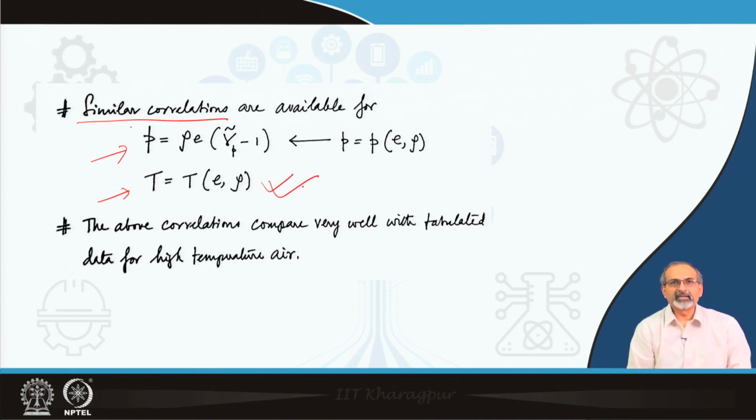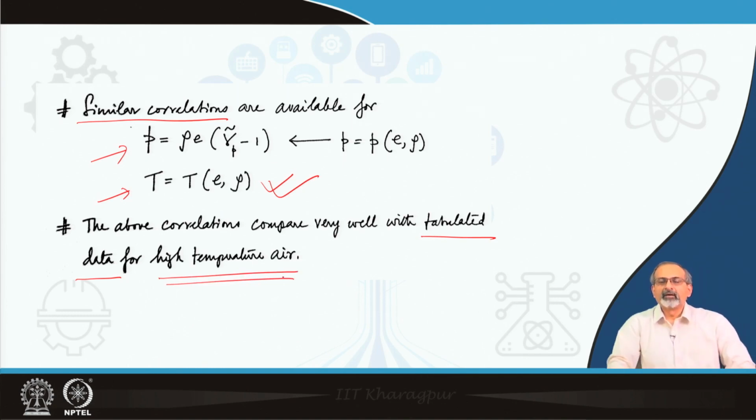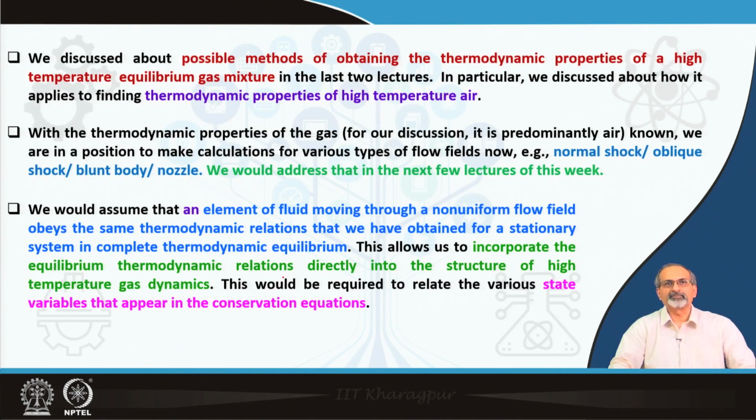And interestingly, these correlations compare very well with tabulated data, which means instead of reading the tables, we might as well plug in these correlations into codes where we are solving high temperature equilibrium flow, where we have to incorporate the high temperature effects, and therefore, these kinds of correlations could be very well suited for flow solvers.